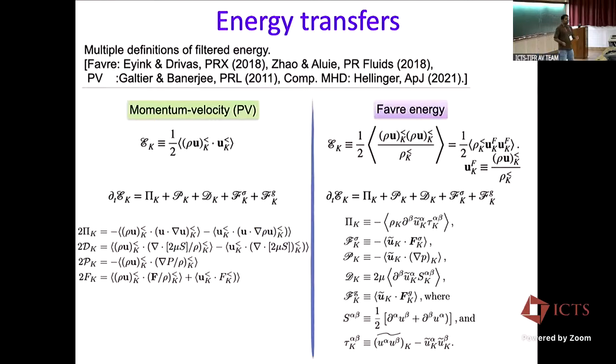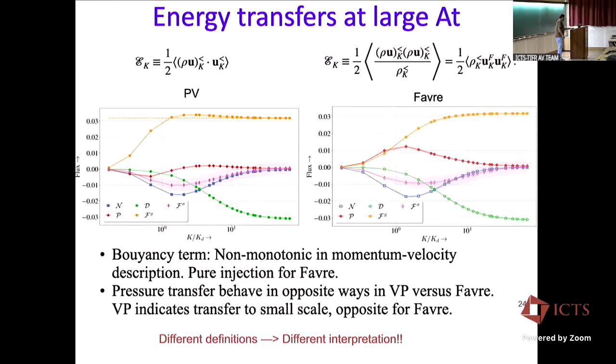Actually, I'm not aware of a corresponding exact result in the variable density flow for the 4/5 law. One of the things which we did at some level was take these two different definitions and ask, if I look at the energy transfers in these bubbly flows, do we get the same picture or not? The reason I'm pointing it out to you is that we don't get the same picture. On the left is the momentum times velocity picture, where you find something interesting.